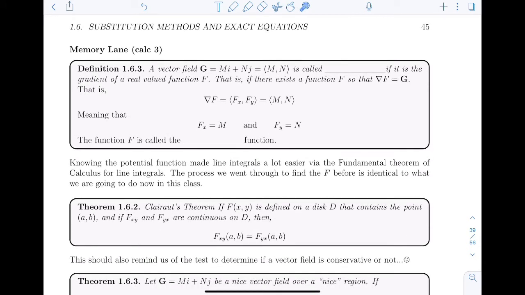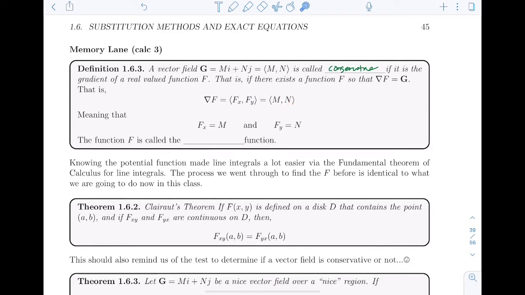So here's our trip down memory lane. A vector field G = M i + N j, otherwise <M, N> with the angle brackets, is called conservative if it is the gradient of a function f. That is, if there exists a function f so that the gradient of f is G, meaning the gradient of f is <fx, fy>, which is <M, N>.